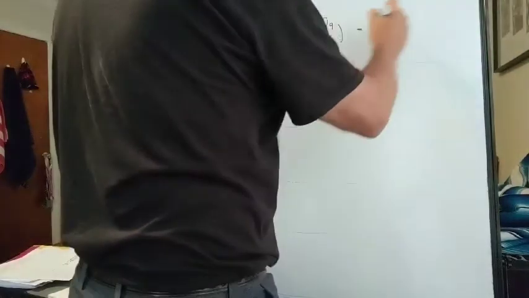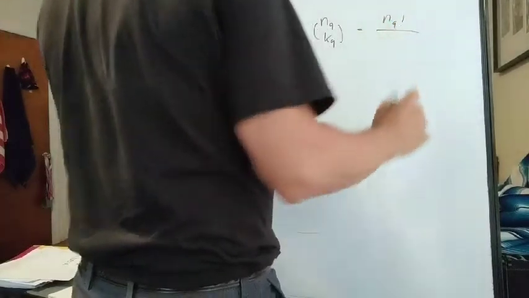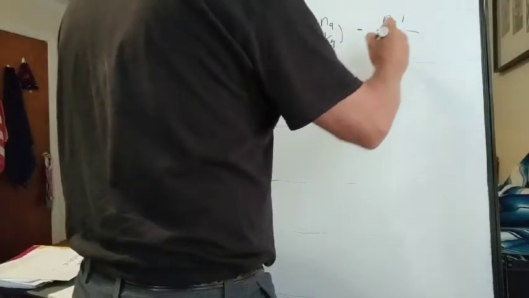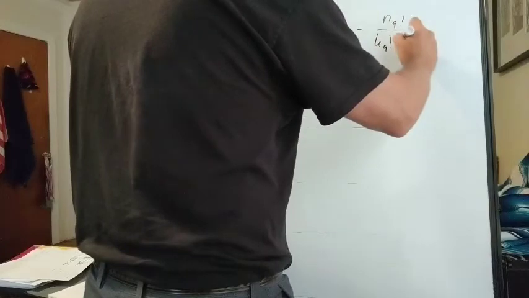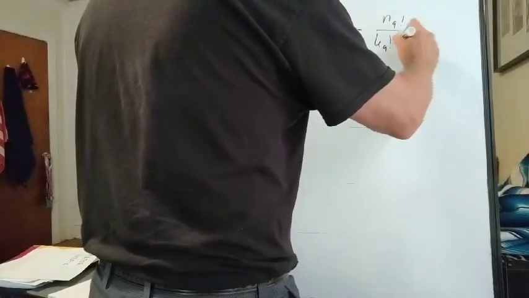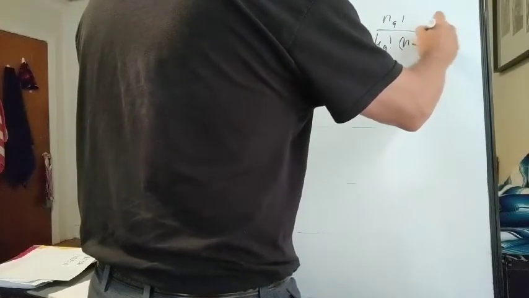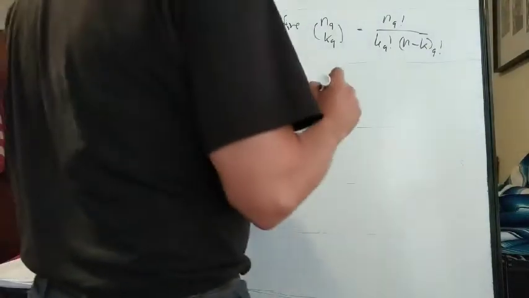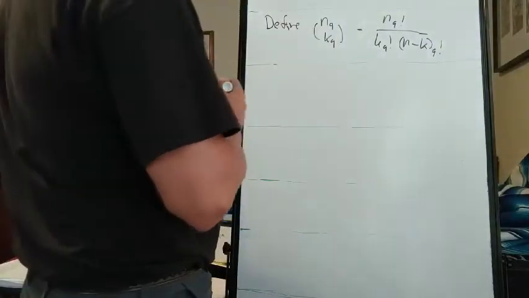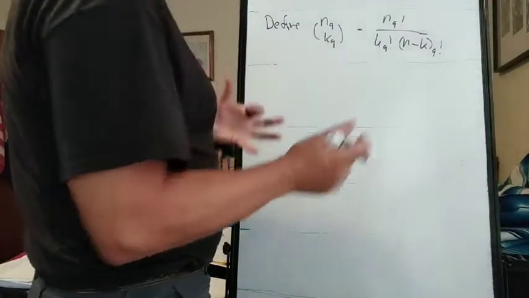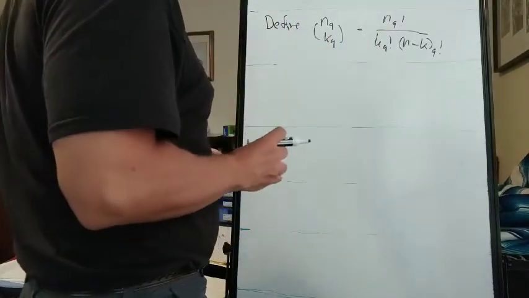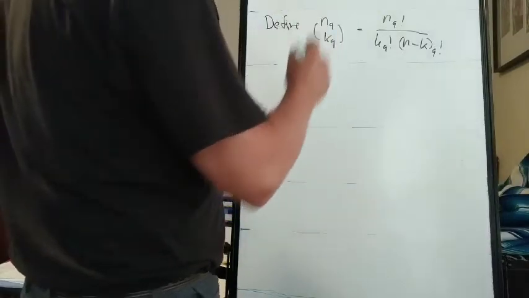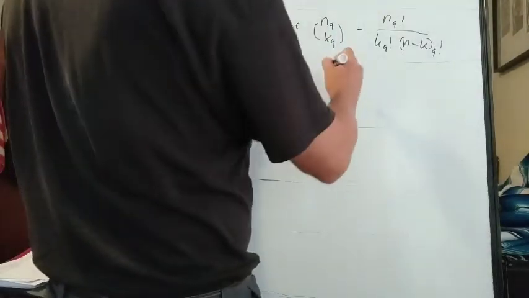So if there's quantum n on top, we've got quantum n factorial on top, and then quantum k factorial times quantum n minus k factorial on the bottom. And since we usually put binomial coefficients in a Pascal's triangle, I suppose we could put these in a quantum Pascal's triangle.